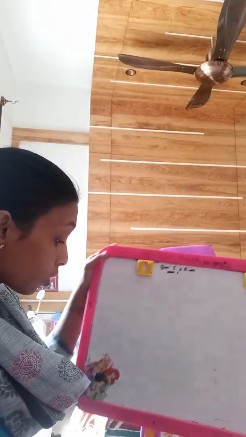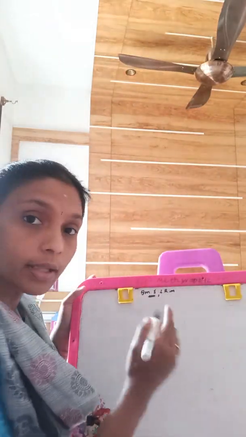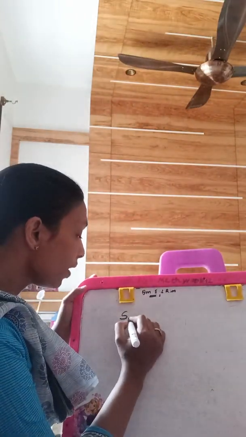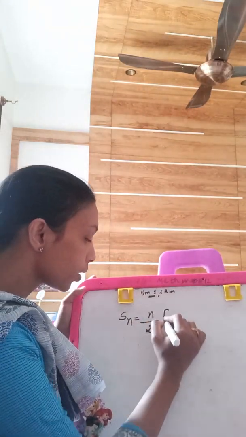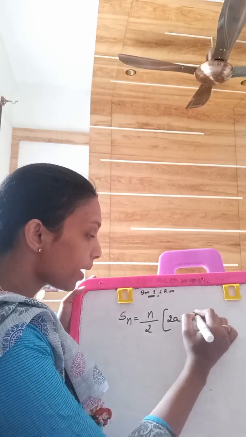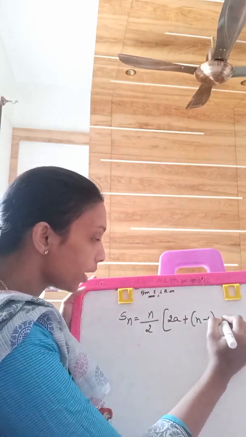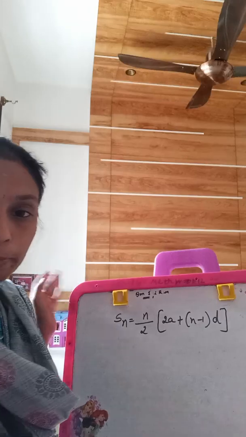Now, in order to find out the sum of all the terms, we have the general formula: Sn is equal to n by 2 into (2a plus (n minus 1) into d). Understood?